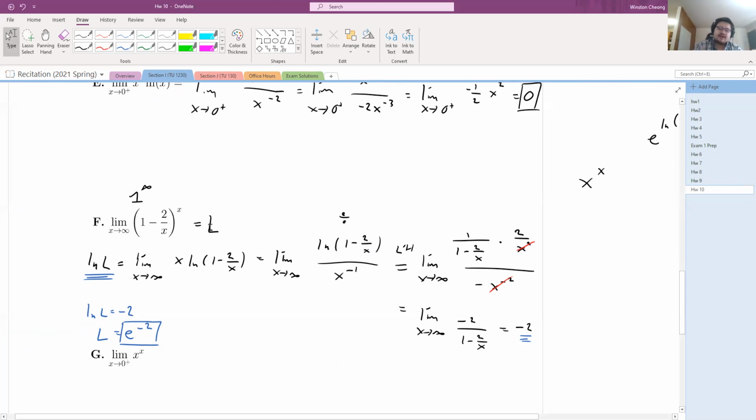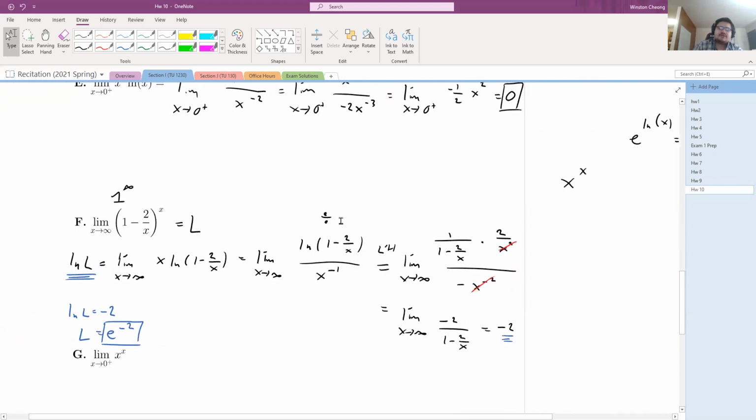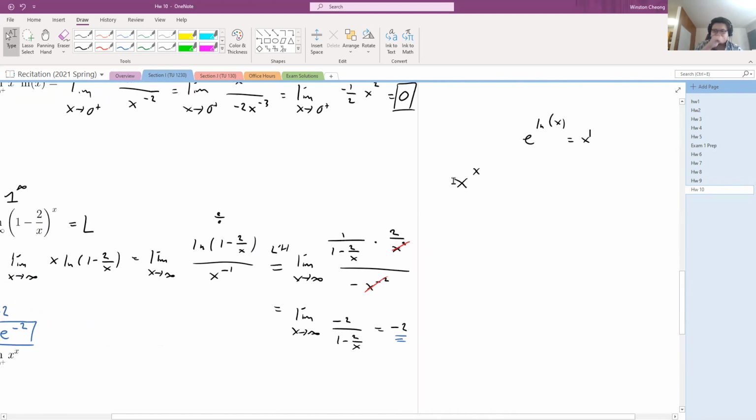Defining L and then taking the log constructs a subproblem involving the ln of L. But some people don't even want to introduce that new variable. They can avoid that by doing something slightly clever.